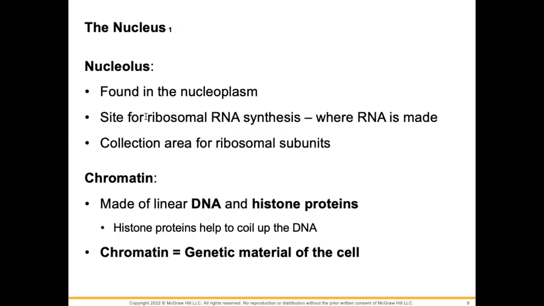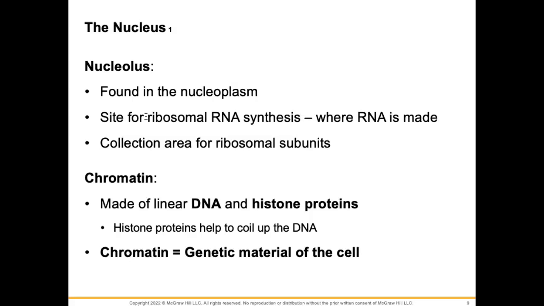It's in the nucleolus. The nucleolus is within the nucleus, like another circular entity in the nucleus. It is the site for ribosomal RNA synthesis, which means that's where RNA is made.